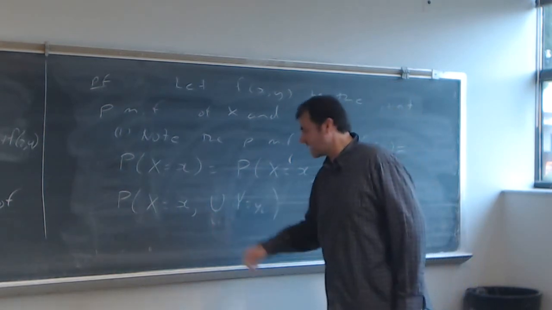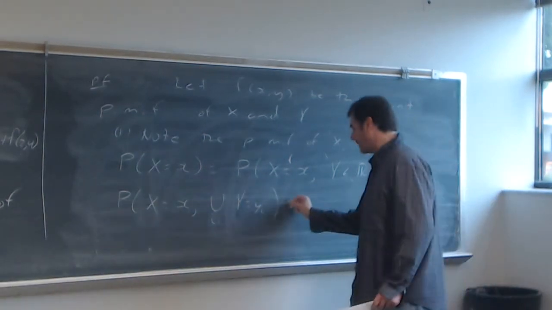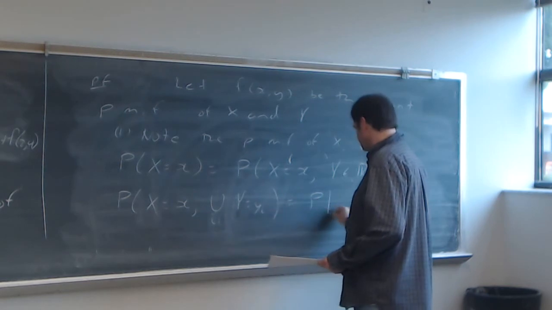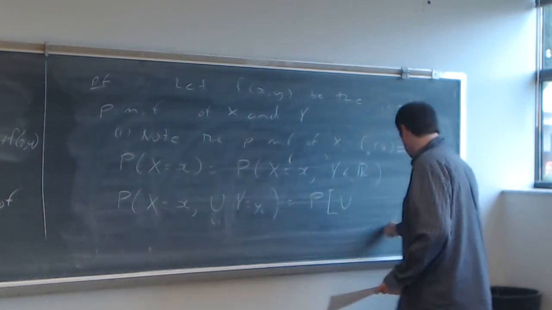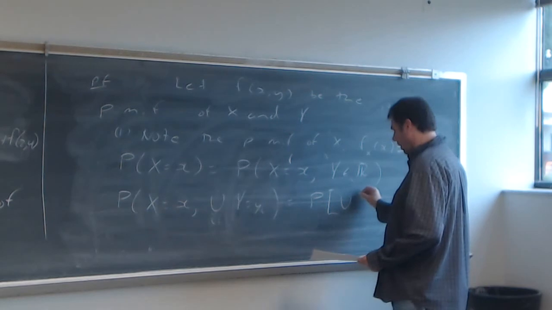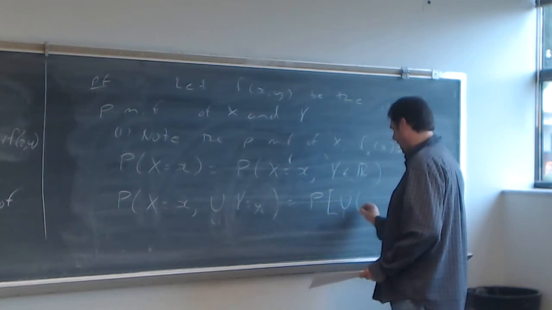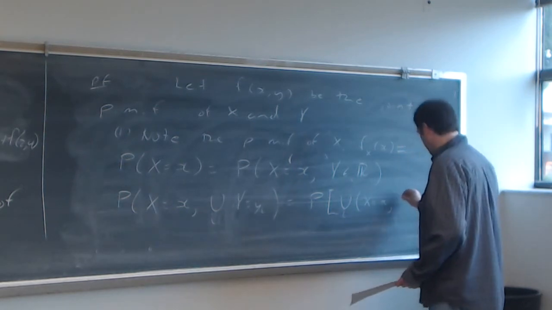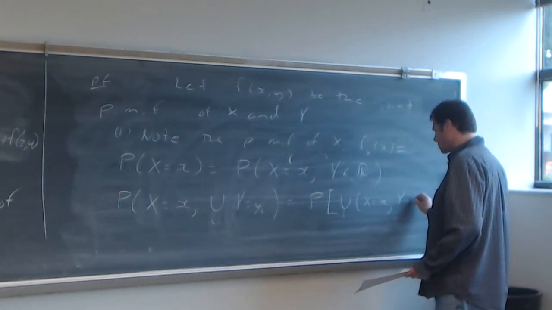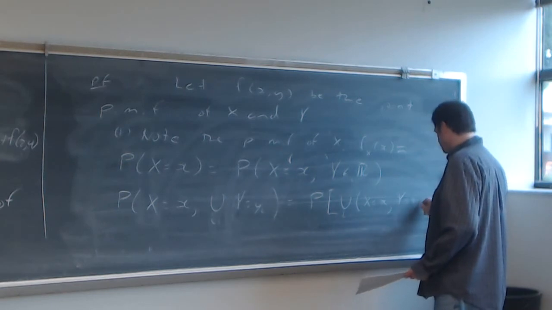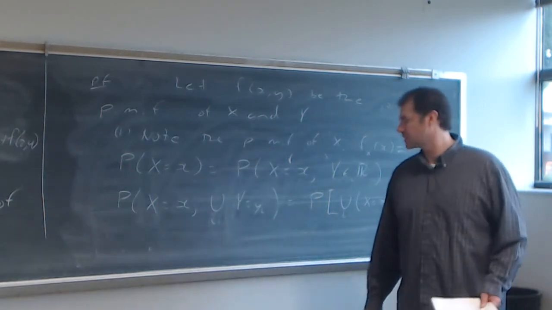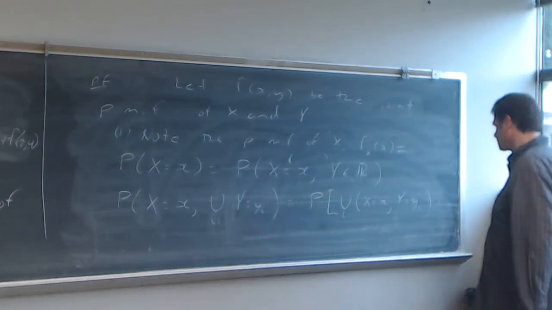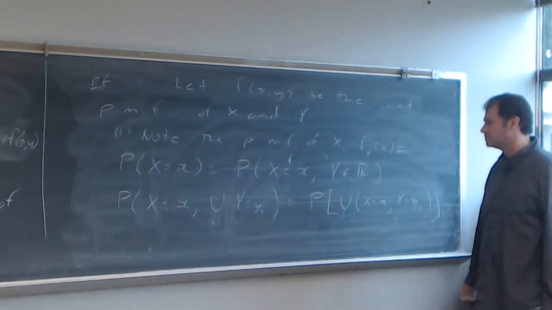Okay? So this is an and. The way that we can rewrite that is as the probability of the union over all i's of x equal to little x and y equal to y sub i. That's the way it can be rewritten.